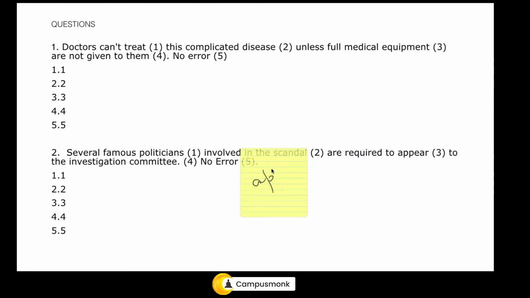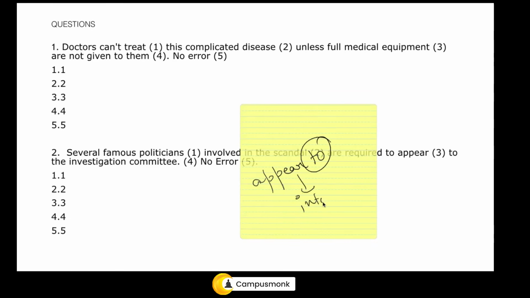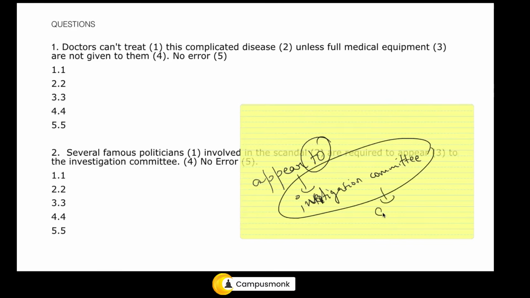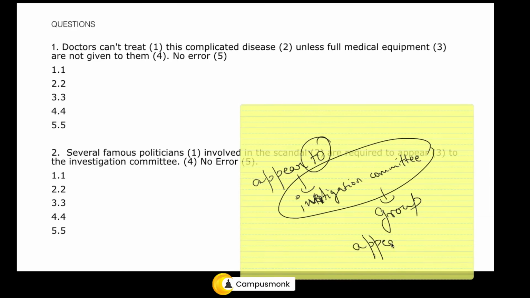You can never appear to. Since the investigation committee is a group, what you will be using is appear before.